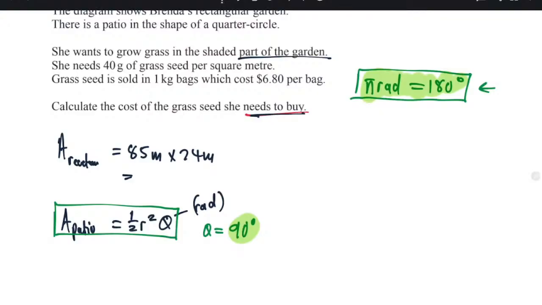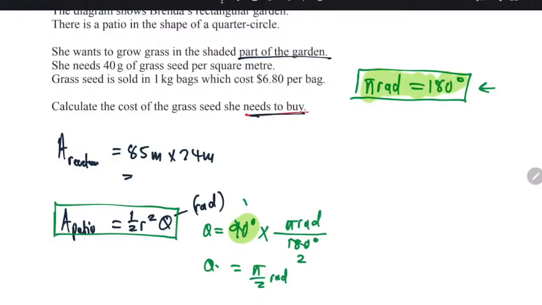Who goes in the denominator of the fraction? The one that you have, right? We have degrees, so degrees go in the denominator. Then the other guy goes in the numerator. Have you seen that, Joe? So you say 90 into pi over 180. So you have theta equal to pi over 2 rad.